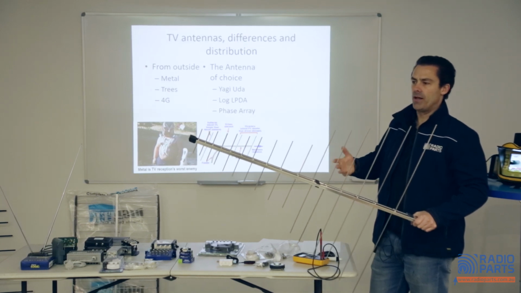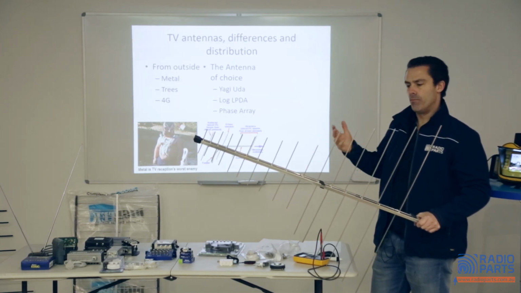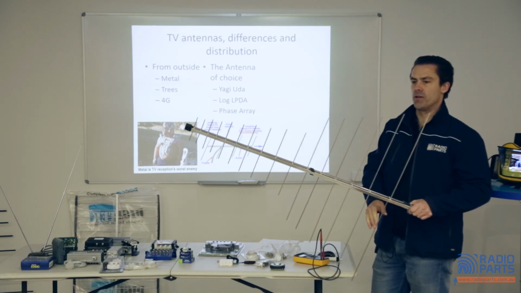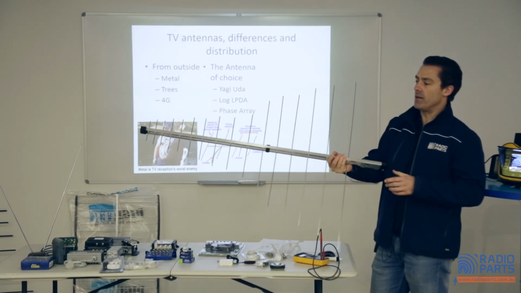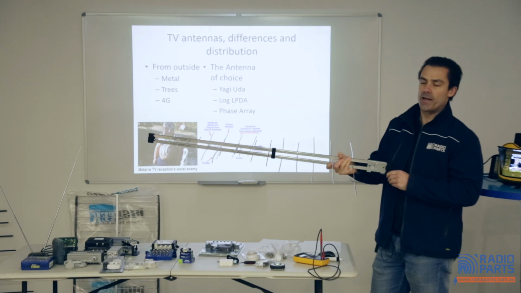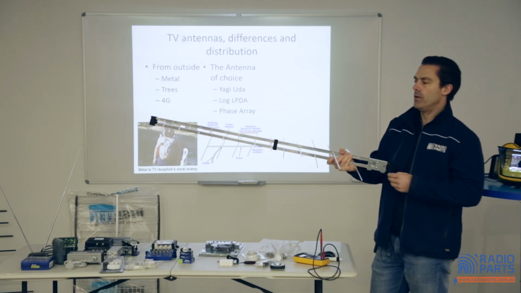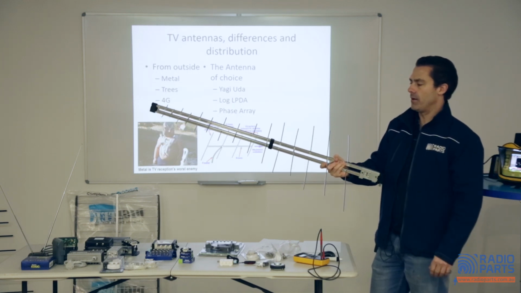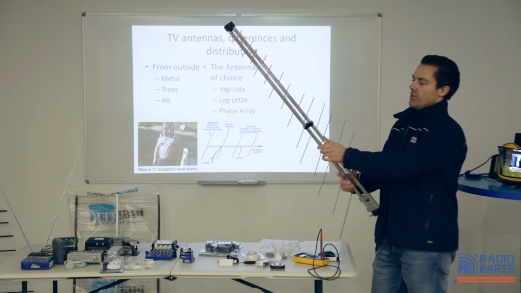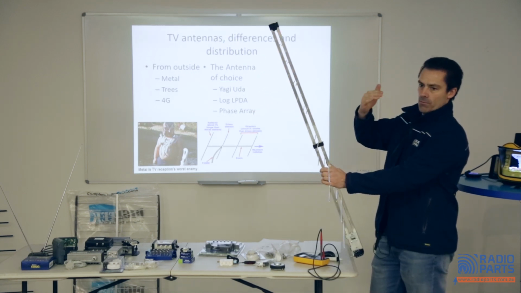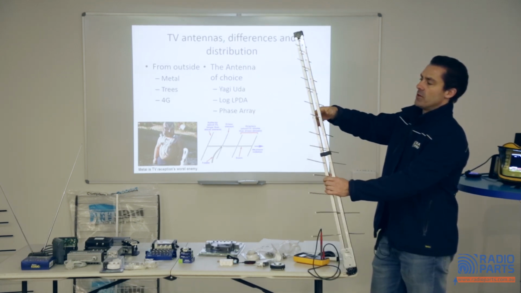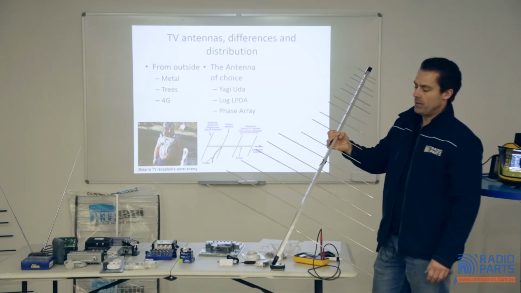Other than FM radio, there's not really much practical use probably for your customer for band 2. But even then, a log periodic will pick up band 2 fine, because it won't just cut off at 3, 4, 5. It doesn't really work that way. So this one will cover just about everything.